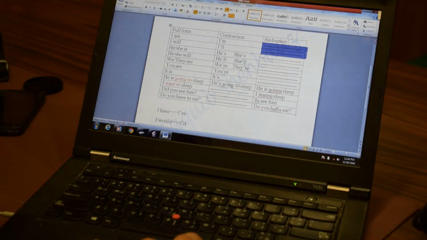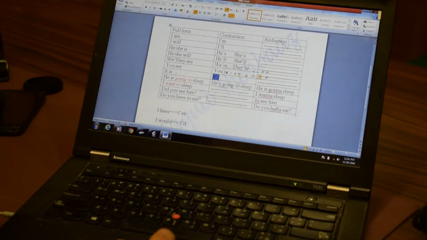Similarly, he is, he's, she is, she's, he will, he'll, she will, she'll, we are, we're, and they are becomes they're. You are becomes you're. Remember the difference between you're and your; your means belonging to you, that is different. It is, full form, and the contraction is it's.